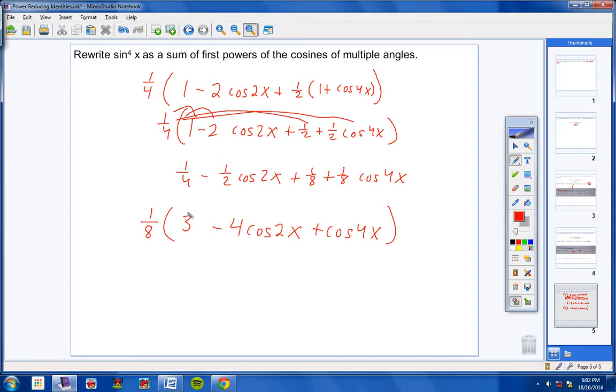And where does 3 come from? Well, guys, if you add 1/4 plus 1/8 plus 1/8, let's see, you would get 3/8, I believe, which would then, you pull out the 1/8 and you're left with a 3. Well, you would not add the other 1/8 because that 1/8 is being multiplied times the cosine.